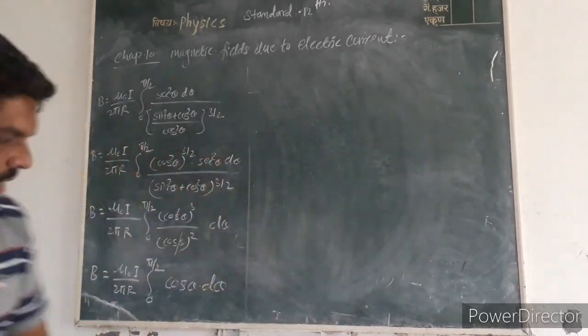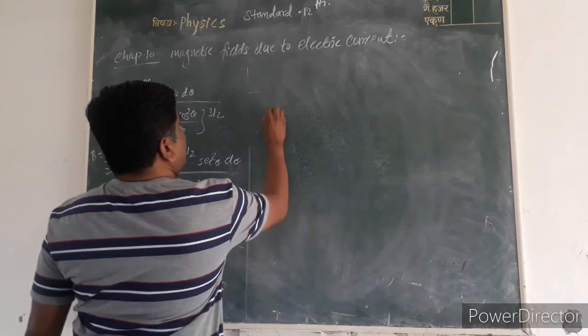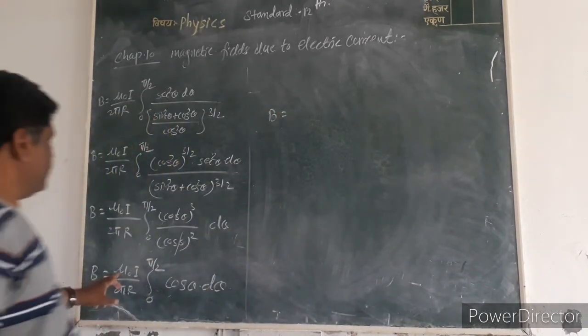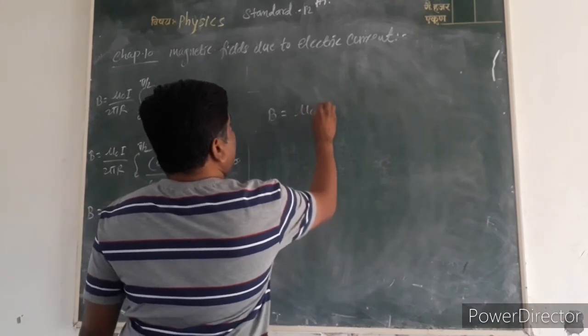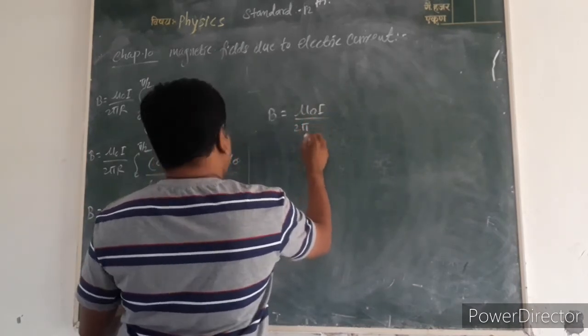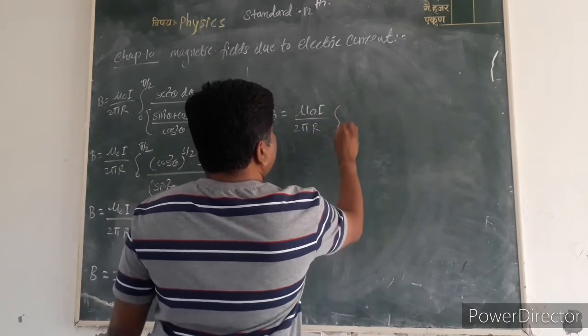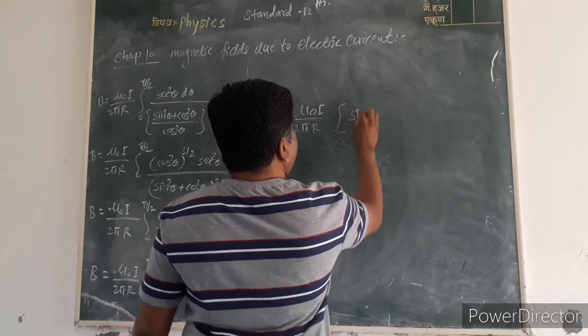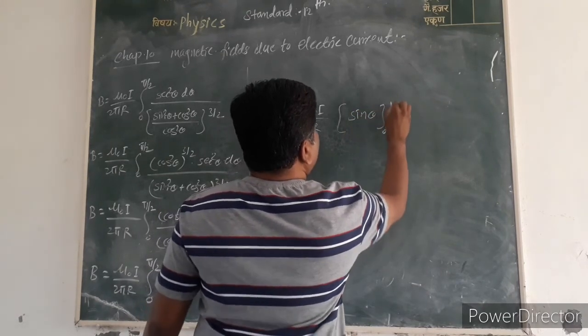Therefore, finally, B, that is the magnetic induction at point P, is equal to mu 0 I divided by 2 pi r, and this integration will be sin theta from 0 to pi by 2.